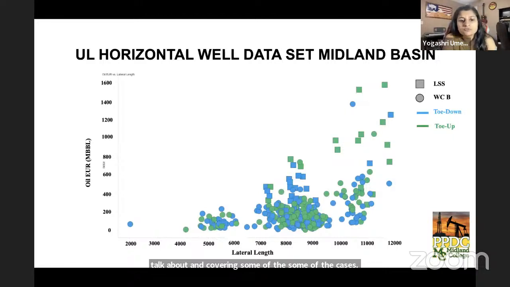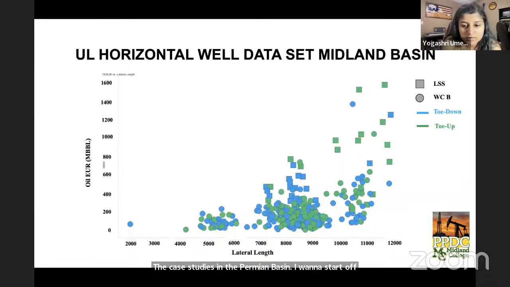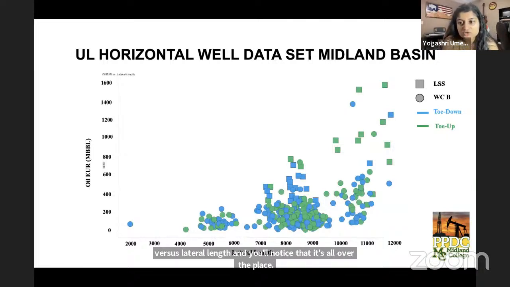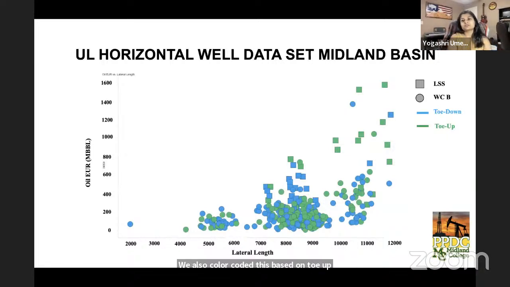I want to start off with this plot where you're looking at oil EUR versus lateral length, and you'll notice that it's all over the place. We also color-coded this based on toe-up and toe-down trajectories, and we shaped it based on whether it's a Lower Sprayberry or a Wolfcamp B well, which is another formation.